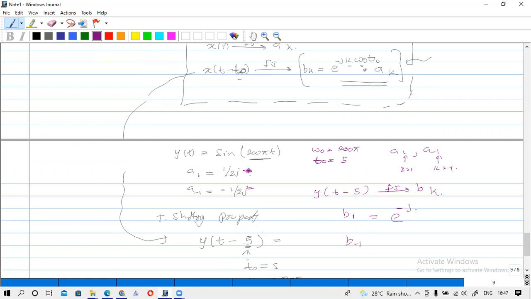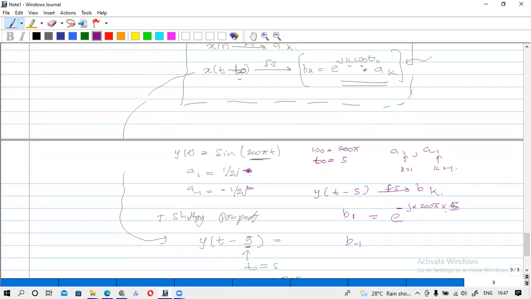Omega naught is 205, multiplied by t0, which is 5. So you can see it is e to the power minus j 205 times 5.